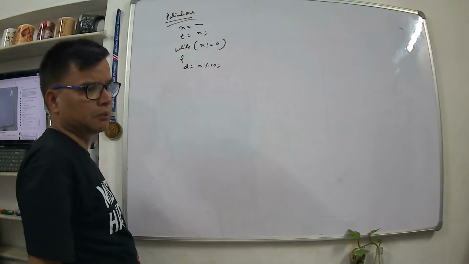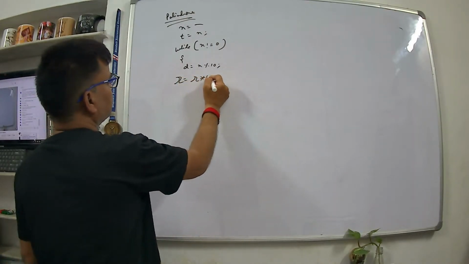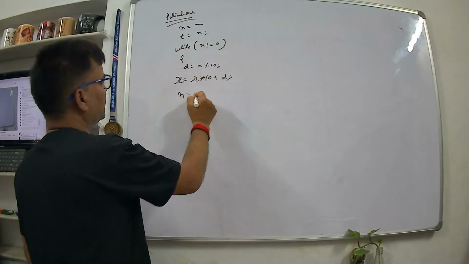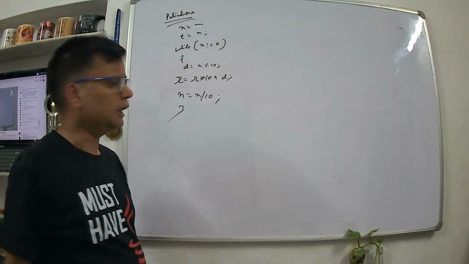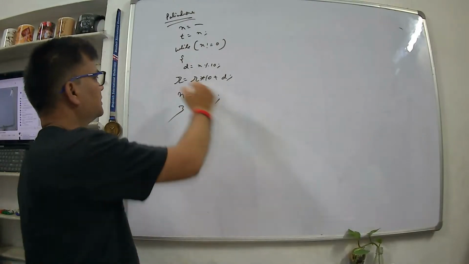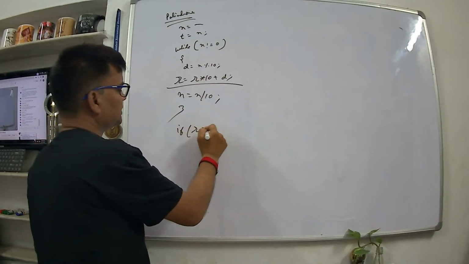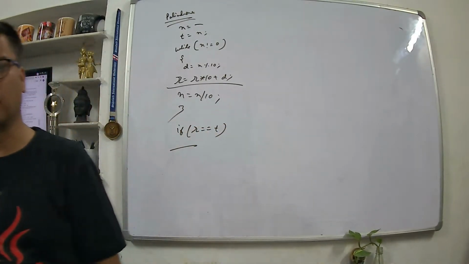Then r is equal to r into 10 plus d, and then n equal to n divided by 10. The reverse is stored in r. Now, if r equals t, it's a palindrome, else it is not a palindrome.